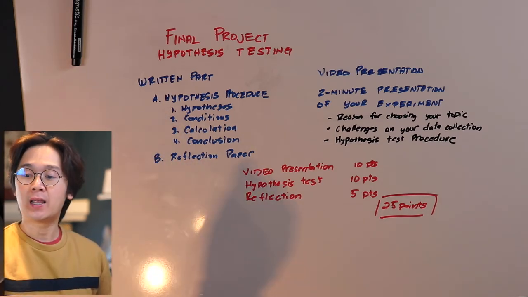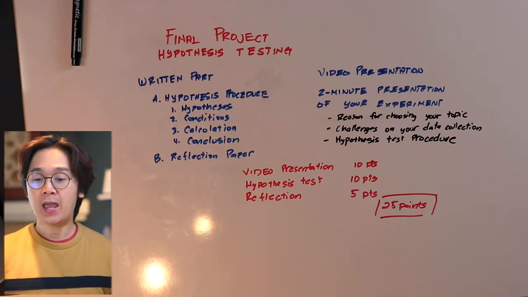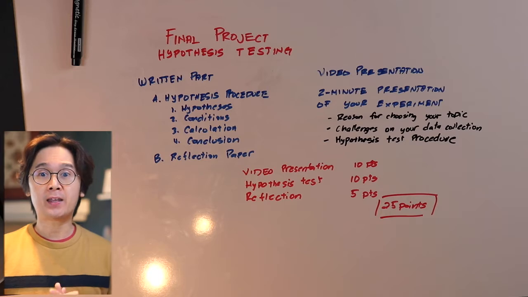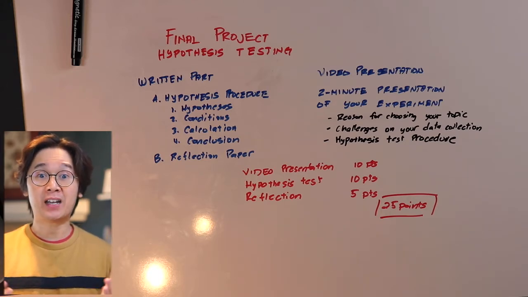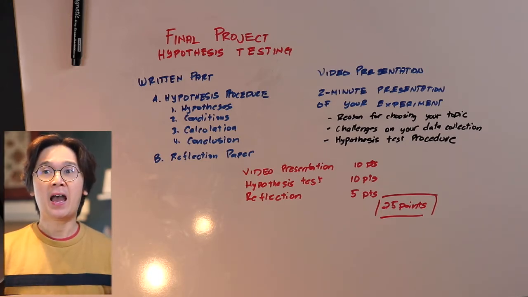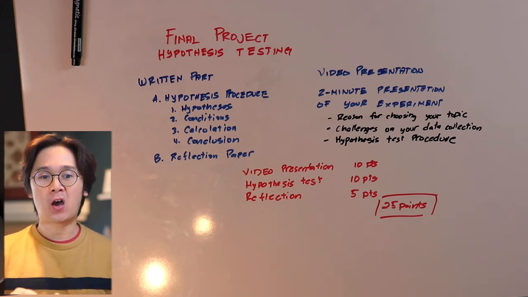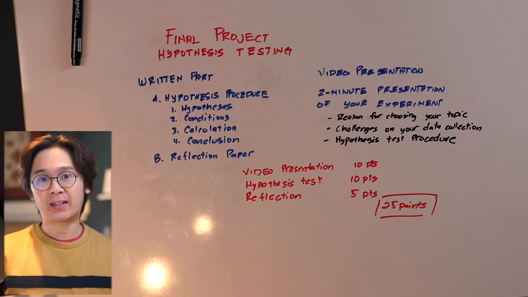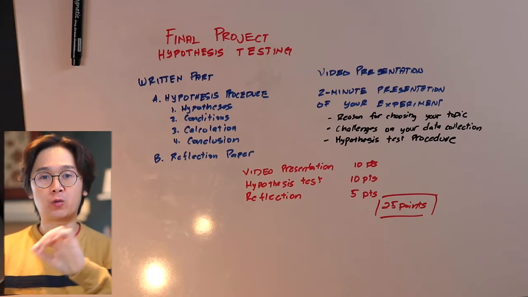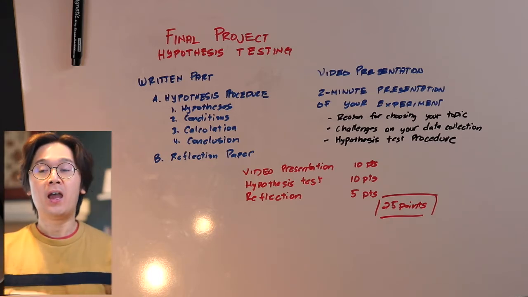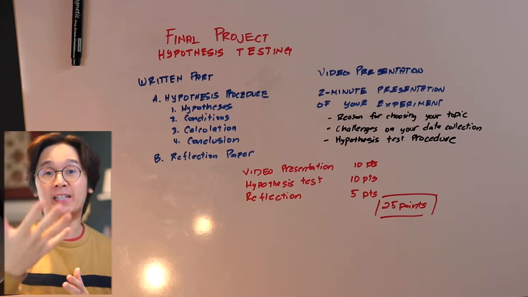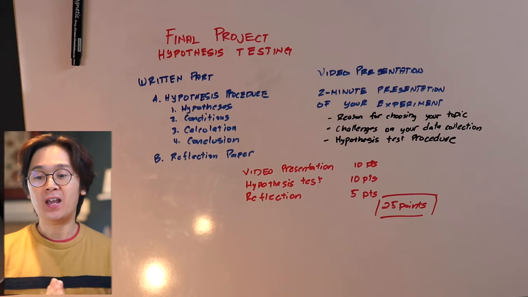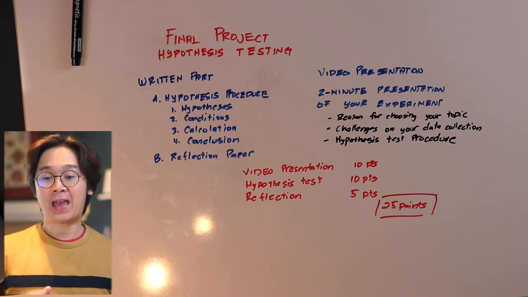We have the written part and we have the video presentation, and make sure that when you're working on the written part, you are writing your hypothesis test procedure in the context of your experiment, as opposed to writing out conclusion or interpretation in a generic manner. So make sure that you are going to use words that are connected to what you are presenting or to what you are experimenting on, so as to get the full credit for that written part.